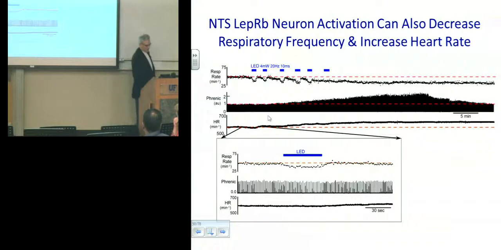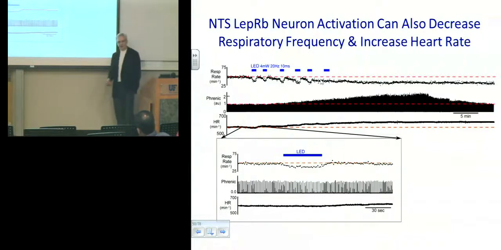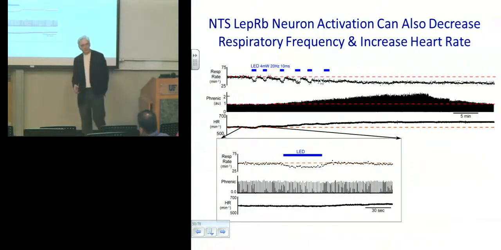But everything isn't quite as simple, and this is just to show that there are complex issues going on here. In many cases, what we see, as shown here, is we give multiple short pulses. In this case, we're using an LED to activate the channelrhodopsin.